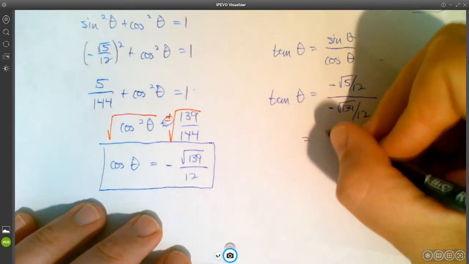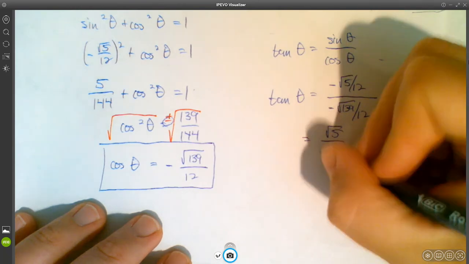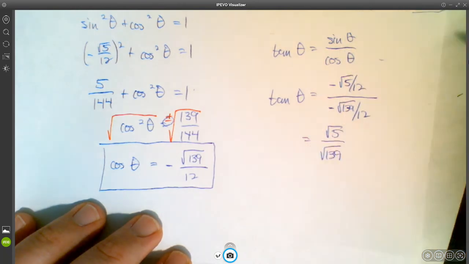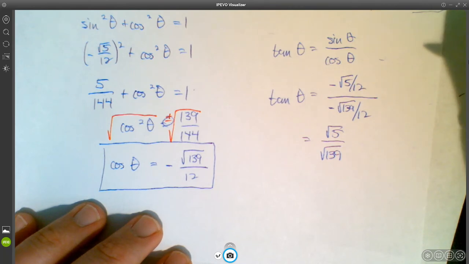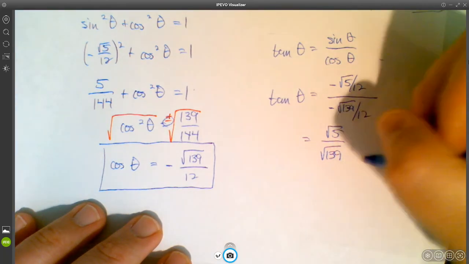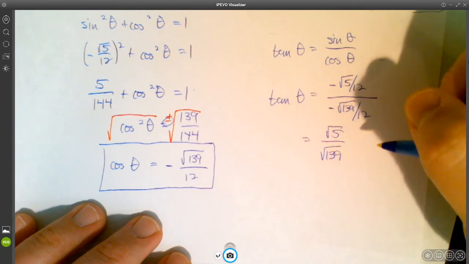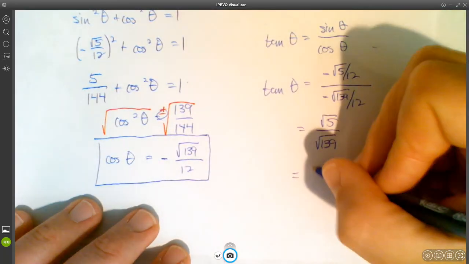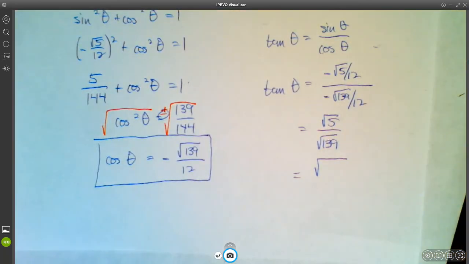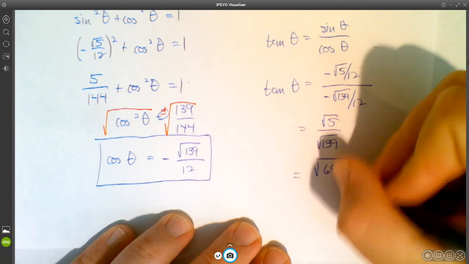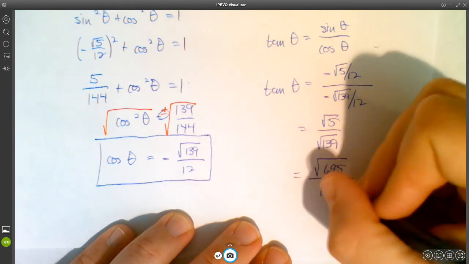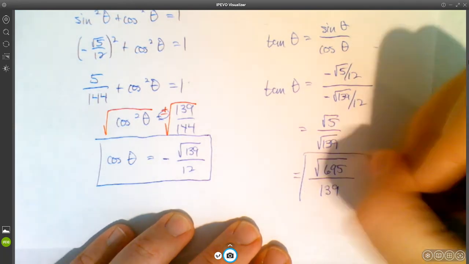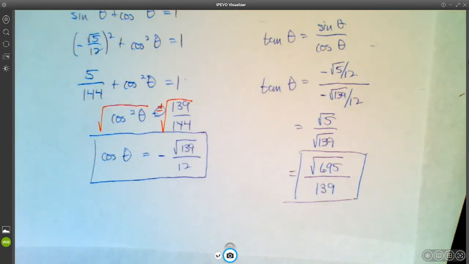You should end up with root 5 over root 139. You could rationalize this by multiplying by root 139 in the numerator and denominator, in which case you get square root of 5 times 139, 695. So you get square root of 695 over 139. So that would be the answer, the way that the book would present it.